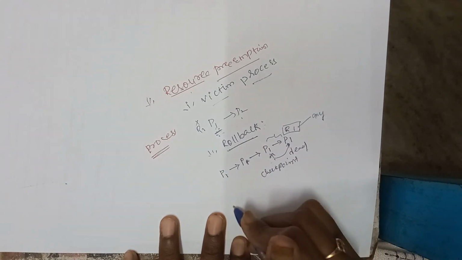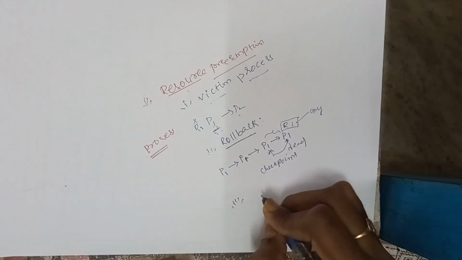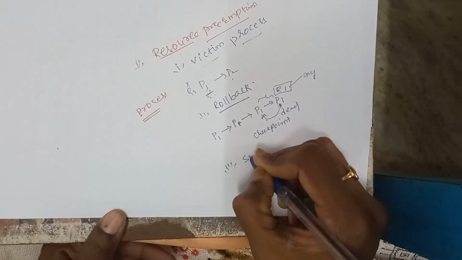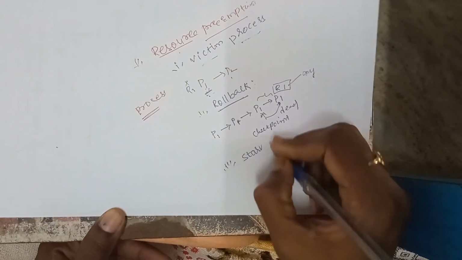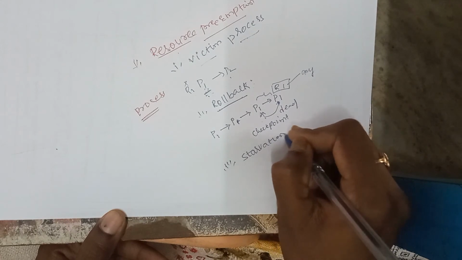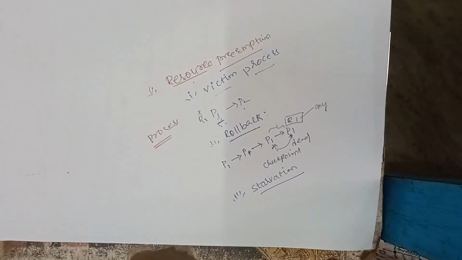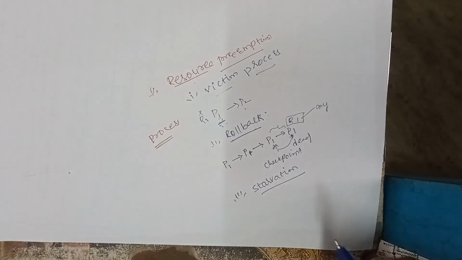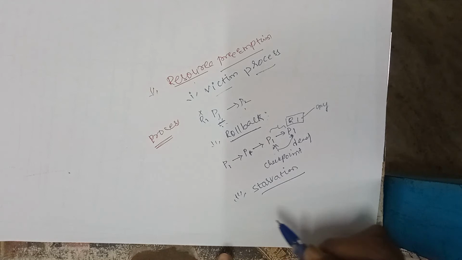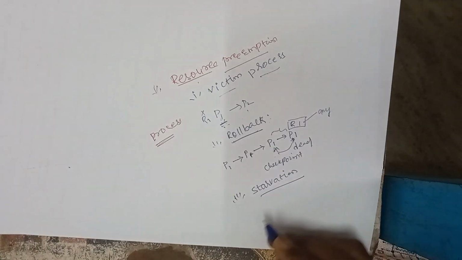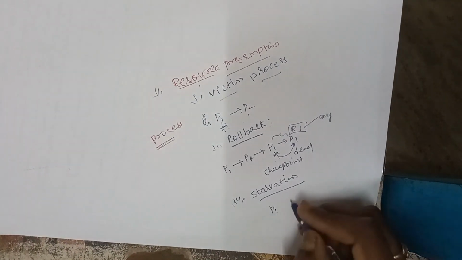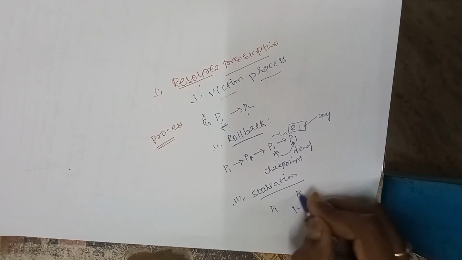And the next and last one is the starvation problem. Starvation is nothing but a lower priority process problem. Consider we have three processes P1, P2, P3.